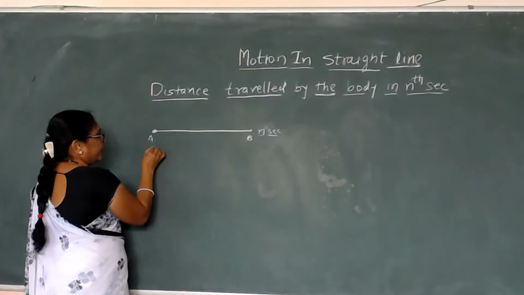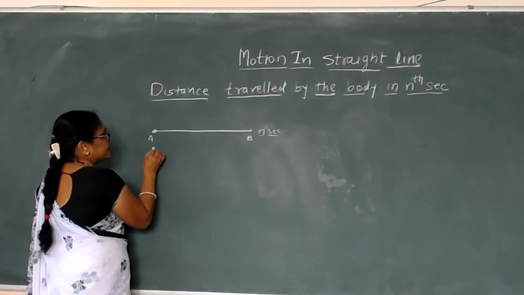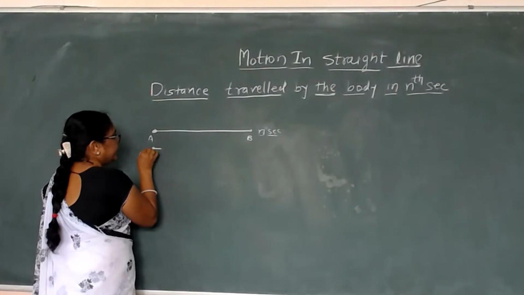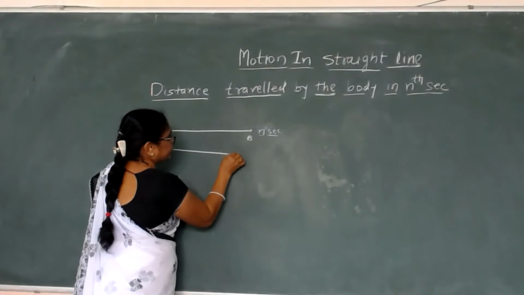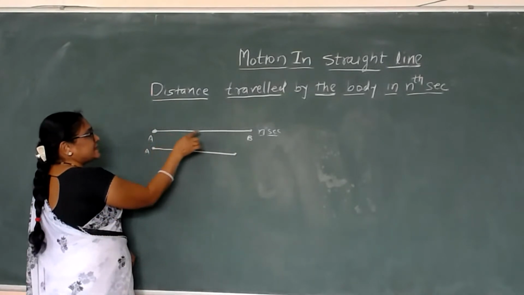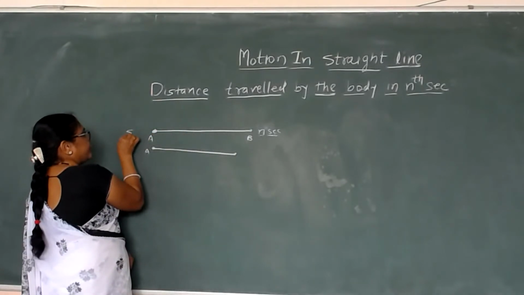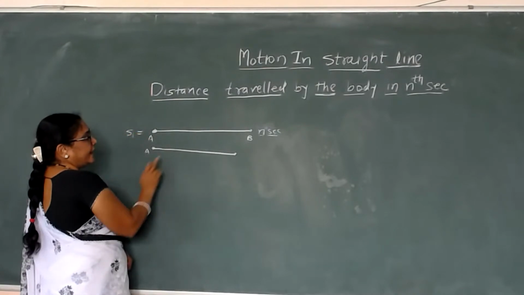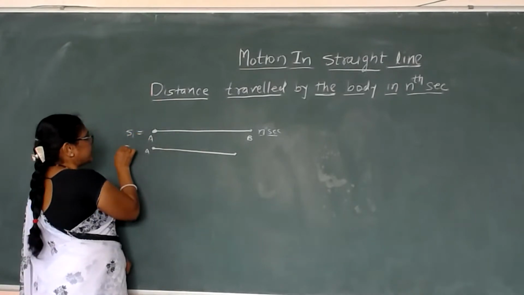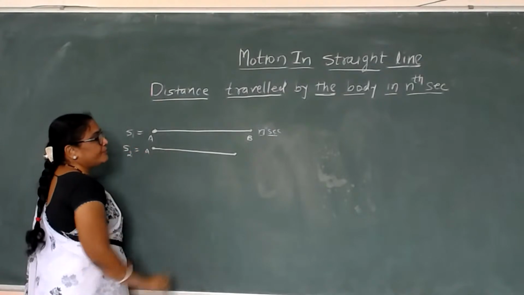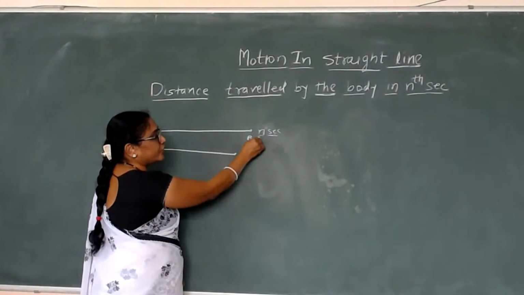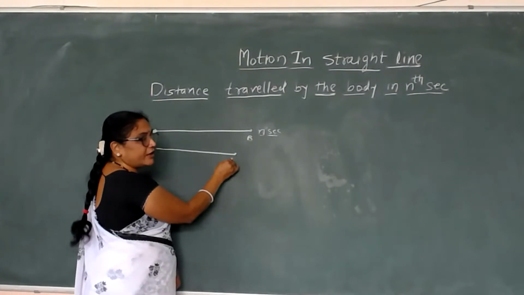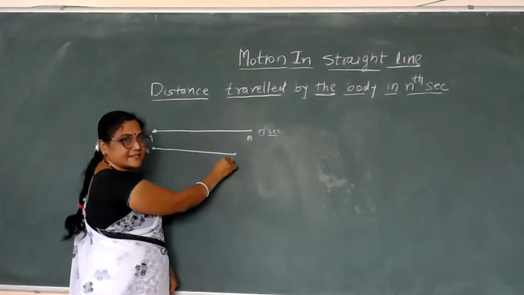Take another body which is moving from A to B. The distance traveled by this is considered to be S1 and the distance covered by the second body is considered to be S2. But here there is a time difference. If this is the total time, n seconds, then here the last 1 second means the nth second.